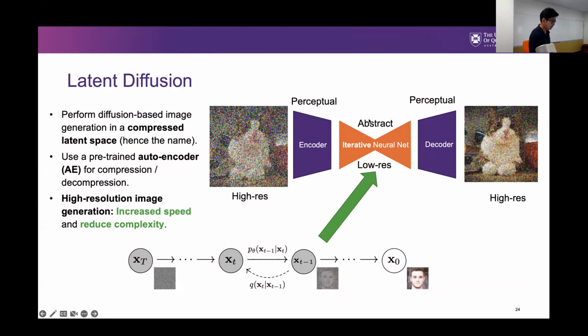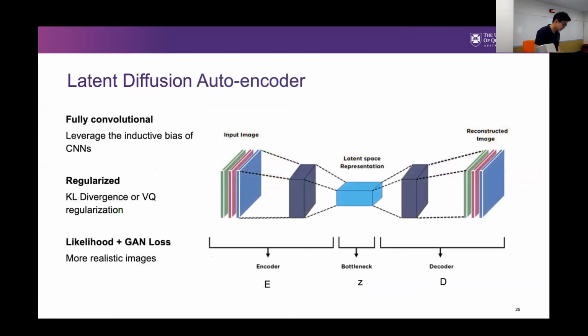And this way, we make sure that the latent space is only responsible for what's essential, which is the semantics of the image. And the autoencoder, which is a CNN, can take care of the perceptual details. So as a result, we can just operate a diffusion model in the latent space, which is fairly low resolution and a lot easier to train.